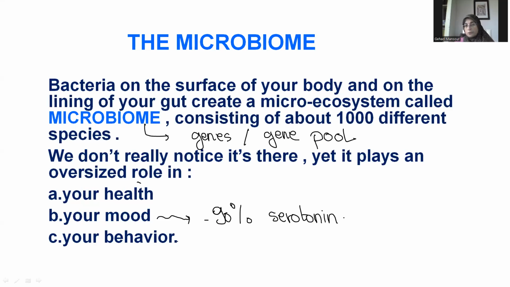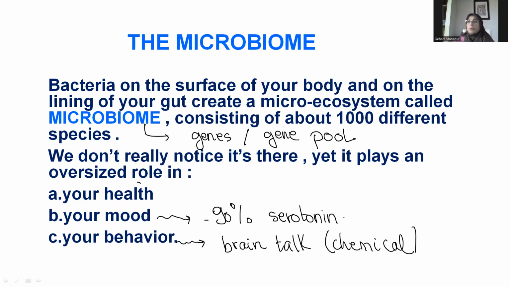Furthermore, these friendly bacterial flora in the gut have a talk to the brain, and that talk is a chemical talk, meaning that they secrete chemicals that are absorbed from the gut, reach your brain, and affect brain centers and your behavior. For example, they make you less aggressive, less nervous, or less tense.